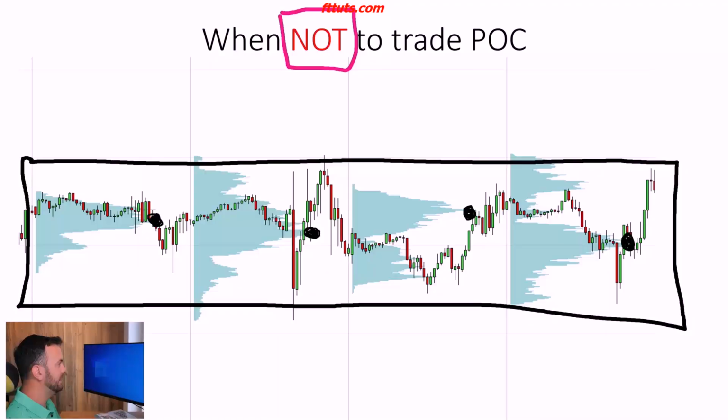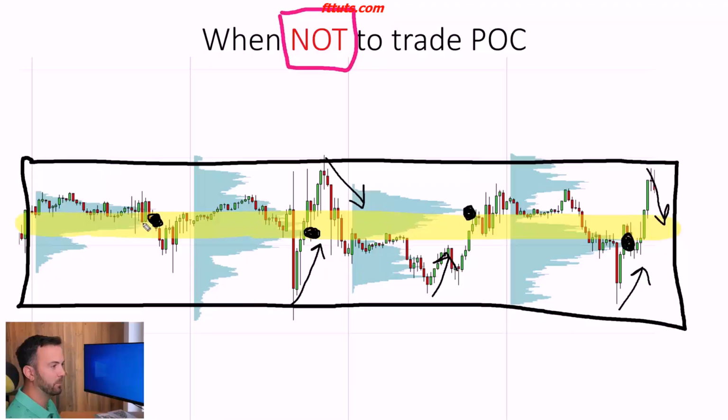So as you can see, it is somewhere around the center of that rotation channel, right? And when the market is moving like this, what you want to do, you want to trade from the borders of the rotation, longs from here, shorts from here, towards the center of the rotation.